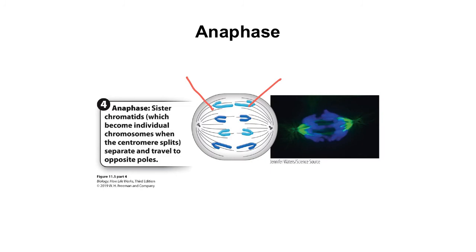And so this is the reason why an alignment has to take place in metaphase, so that it ensures that the sister chromatids would split apart from each other and move to separate poles in the dividing cell, ensuring that there is an equal copy of each individual sister chromatid being distributed to each side of the cell during anaphase.